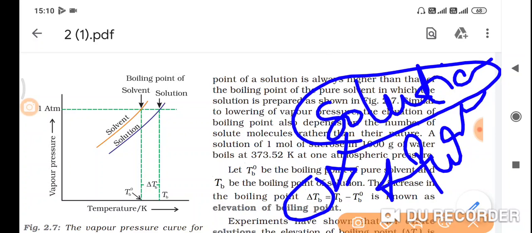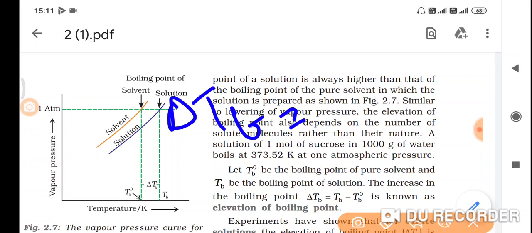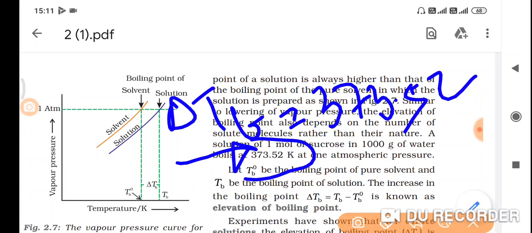And delta Tb is the change in temperature. So if we see what is the change in temperature when we add 1 mole of sucrose in 1000 gram of water, then we simply say delta Tb is equal to 373.5, that is the boiling point of the solution, minus 373.15, that is the boiling point of pure water.